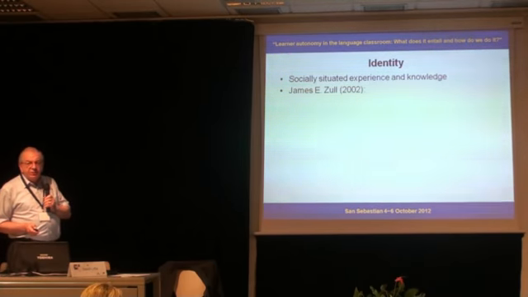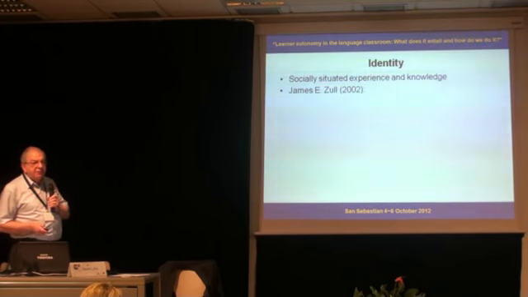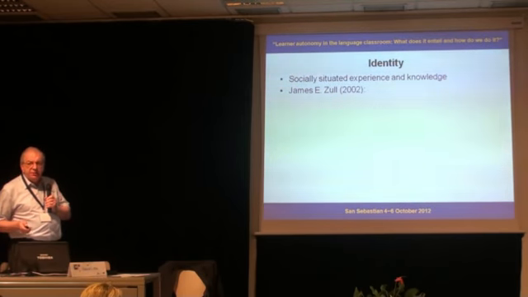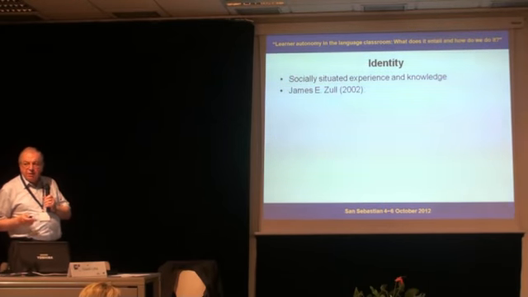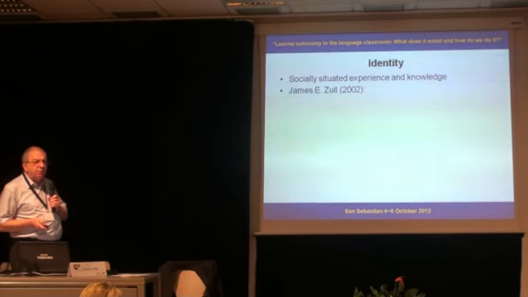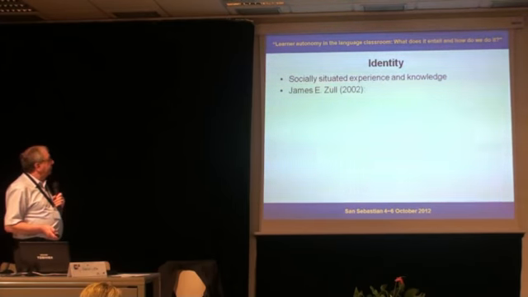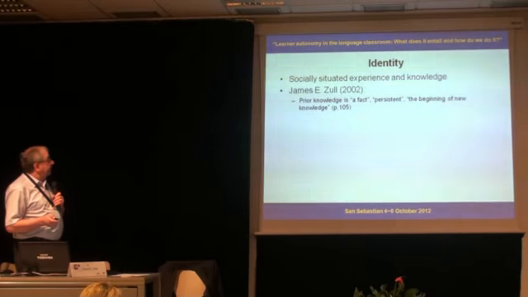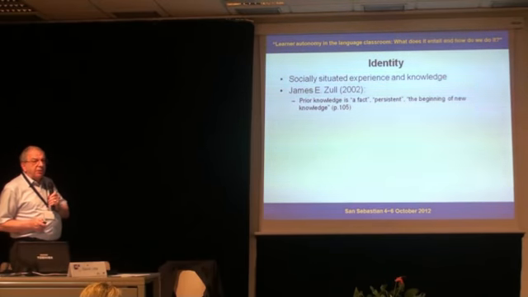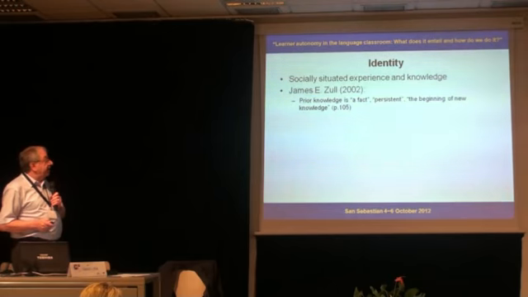Old knowledge is something that we have talked about for many, many years in learner autonomy circles, especially at these workshops. The importance of exploiting the old knowledge, the things learners already know, in order to develop new knowledge. James Zull talks about prior knowledge being a fact, persistent, but also the beginning of new knowledge.